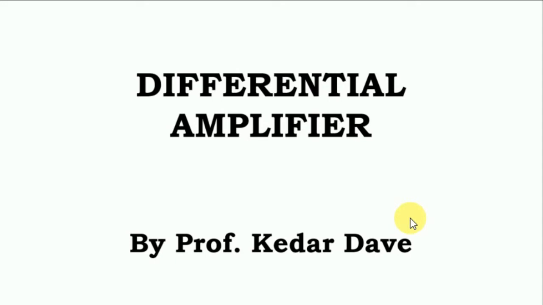We are starting our topic with the differential amplifier, and that is the base of analog electronics and of how different analog equipment works. For that purpose, I have previously shared two videos on transistor circuits.